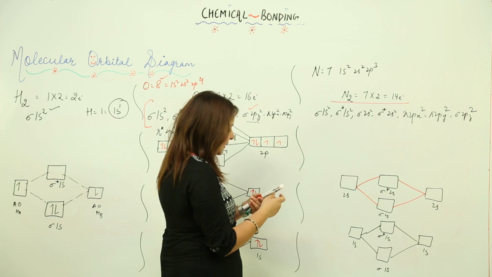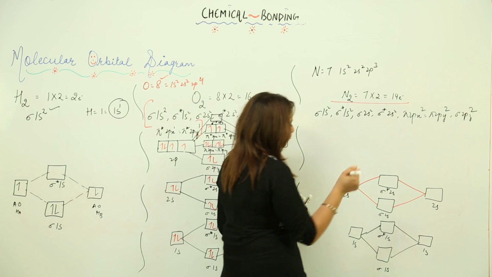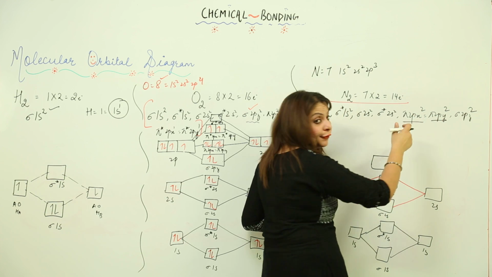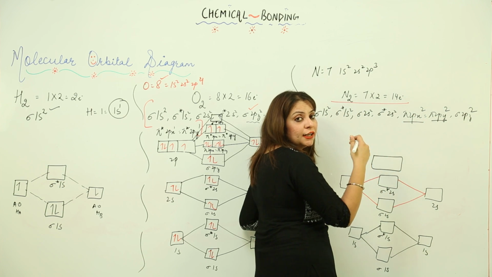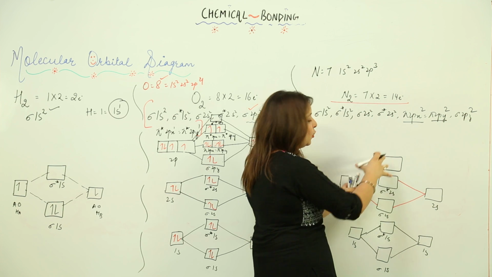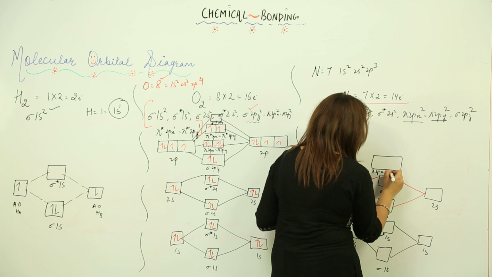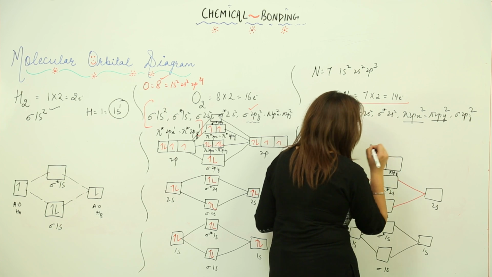Right. Now my 2p. You need to see that here there's a difference, right? So likewise, you need to draw the orbitals like the same orbitals in this case also. So it is pi 2px equal to pi 2py, I put a line.